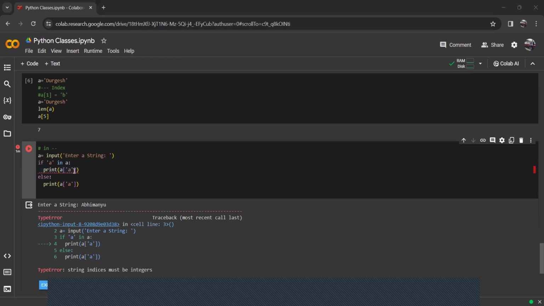So if you want to get a of 0, a of 1, this will work, but you will not be able to find the index with the letter in this way. You can find the letter with the index, but you cannot find the index with the letter. I hope you are clear.